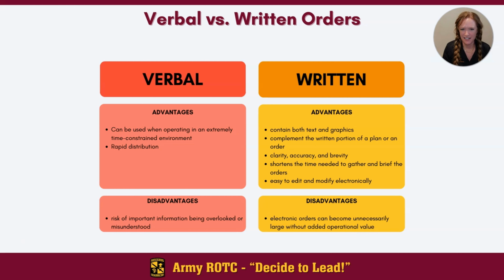And so there's not really a lot of operational value. So that's your real down and dirty comparison between the two with the advantages and their disadvantages. Again, like the last slide said, the commander gets to decide how they're going to deliver that order, and they have to decide, is this the right way to distribute this?